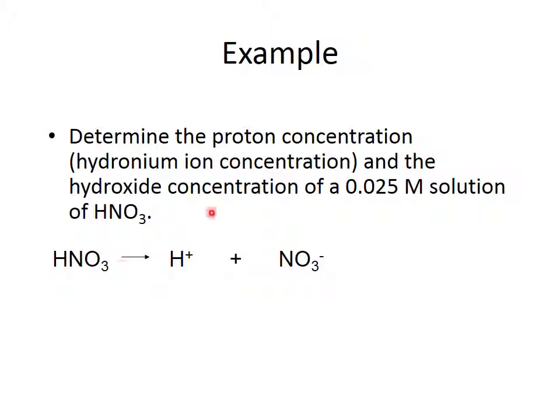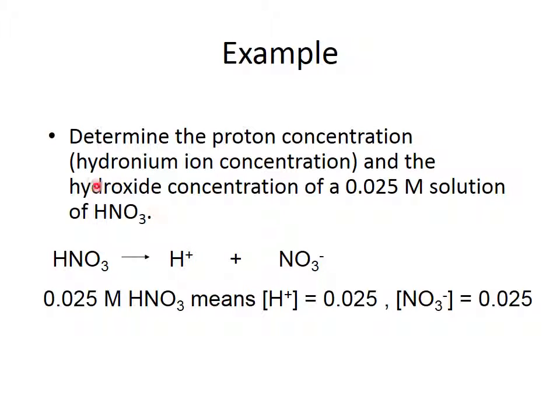How much does it make? Well, if this is 0.025 molar, then the proton concentration must be 0.025. That 0.025 molar of nitric acid gives me that the proton concentration, or the hydronium ion concentration, is 0.025. And the nitric acid concentration is what? 0.025.